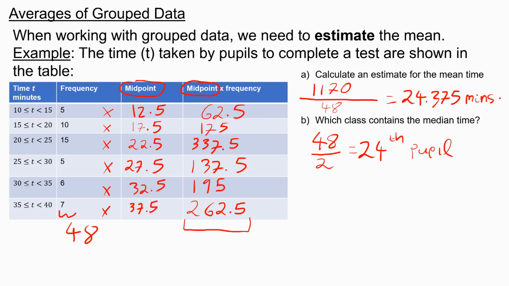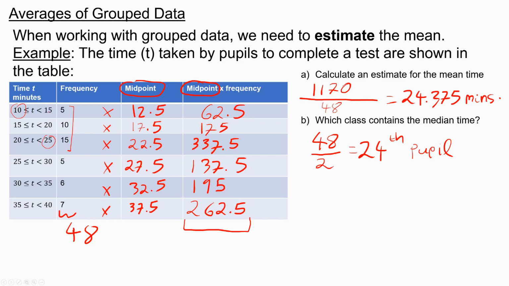Now, all of the data is in order, 10 to 15, 15 to 20, and so on. So the first 5 pupils took between 10 and 15 minutes. The first 15 took between 10 and 20 minutes. So if we keep adding up, 15 and the next 15 is 30. So the first 30 pupils took between 10 and 25.